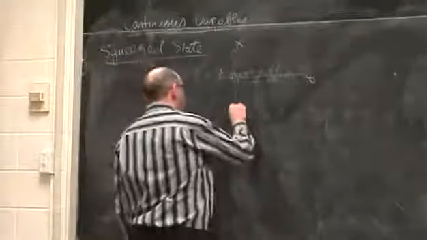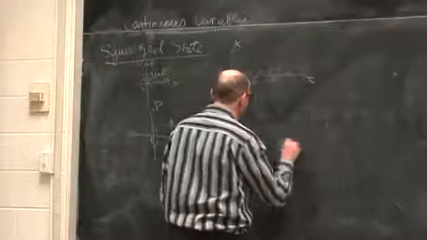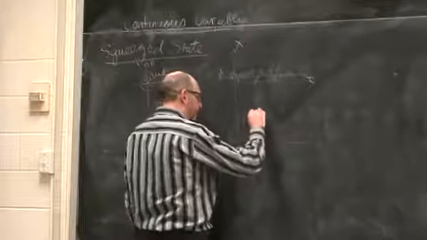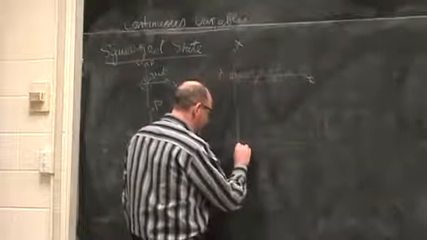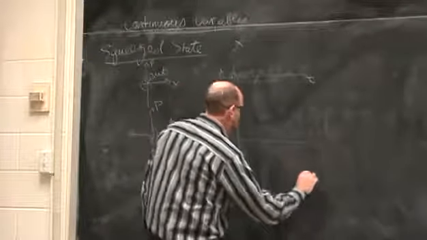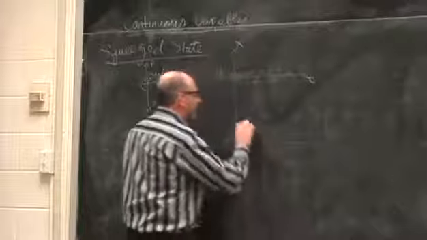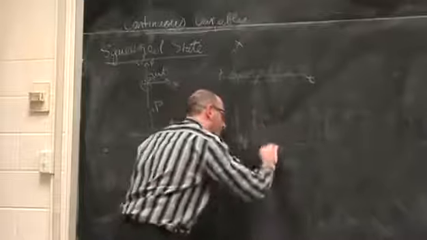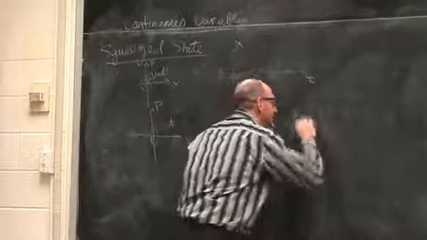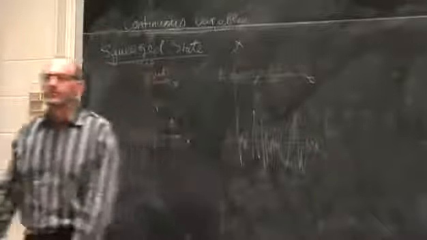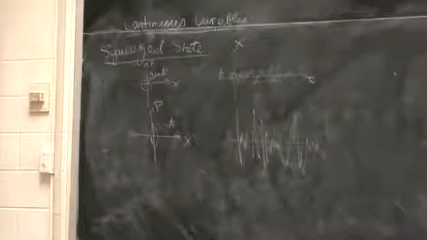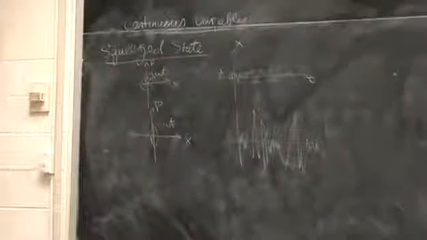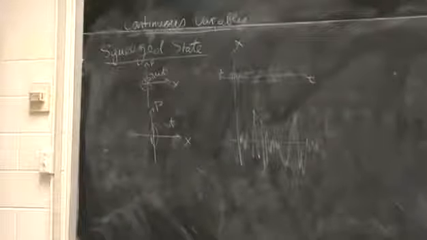So if I were to look at what the position of this was as a function of time, on average it would still be 0. At this point, I see less noise, and then I'll see more noise, and then less noise, and then more. So the picture of the variance of my Gaussian was like this, and I'll see a lot of noise, and then a lot of noise, and that will repeat. Okay? And what is the period of this change in my uncertainty?